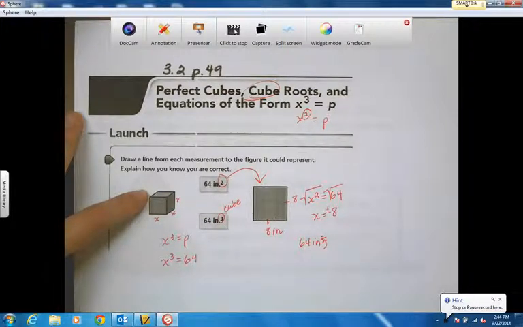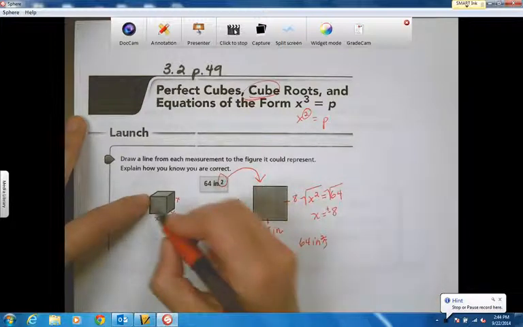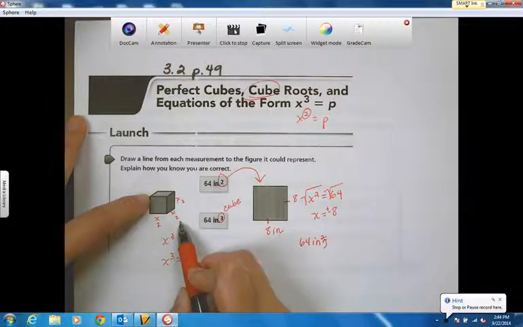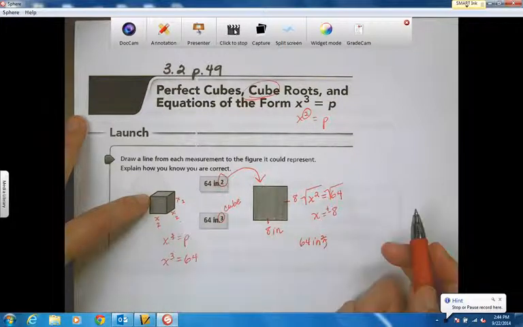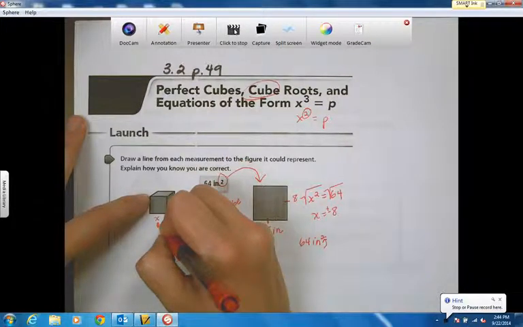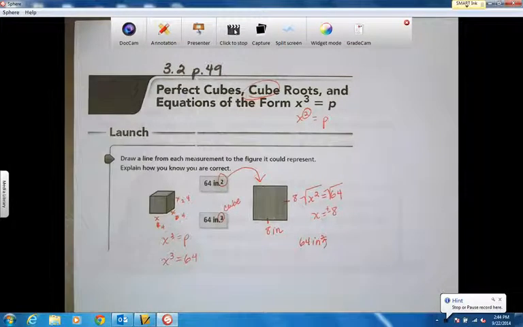is 64? And that, again, you've got to just try. You've got to say, okay, would it be 2? So 2 times 2 times 2, does that work? 2 times 2 is 4, times 2 is 8, so no, that doesn't work. So I say, okay, well, what else could I try? Could I try, say, 4? 4 times 4 is 16. 16 times 4 is 64.